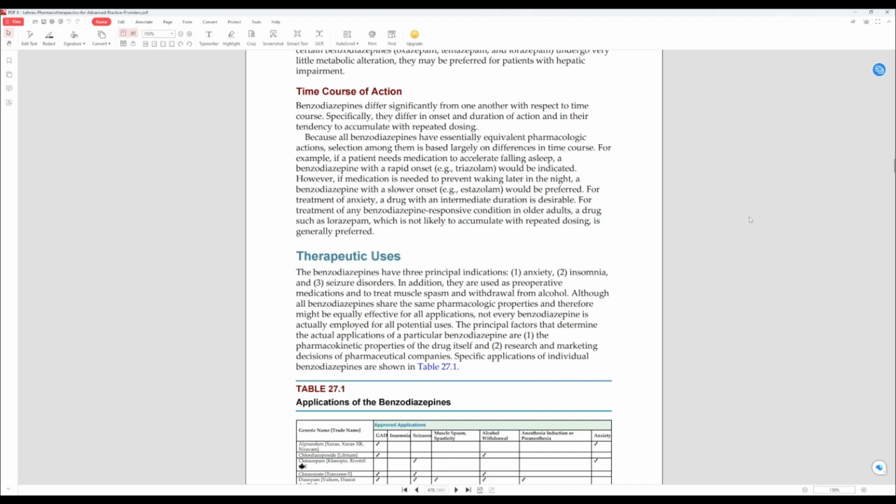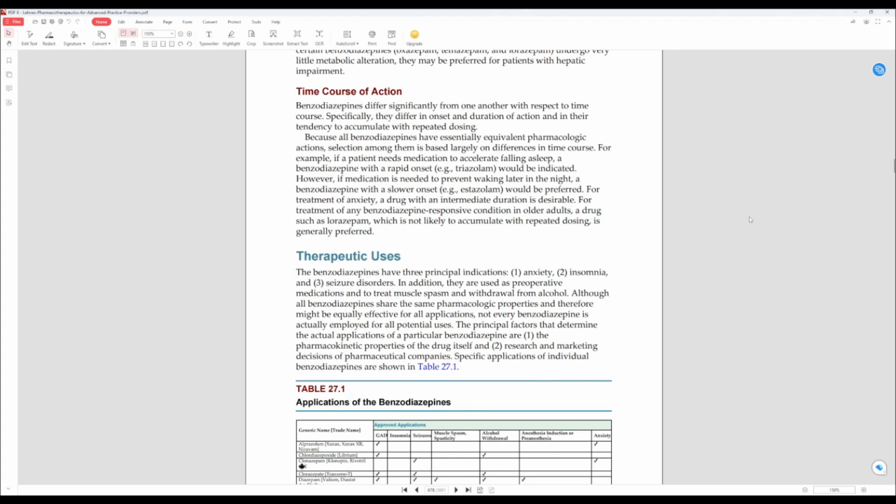For example, if a patient needs medication to accelerate falling asleep, a benzodiazepine with a rapid onset would be indicated, such as triazolam. However, if a medication is needed to prevent waking later in the night, a benzodiazepine with a slower onset would be preferred, such as estazolam.